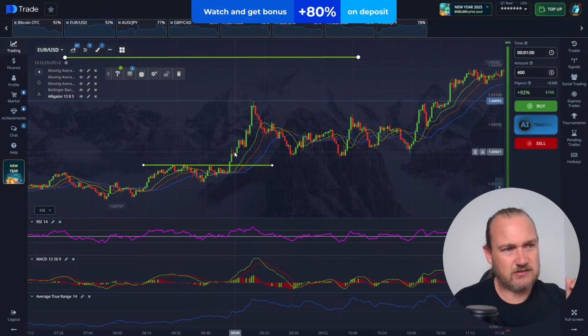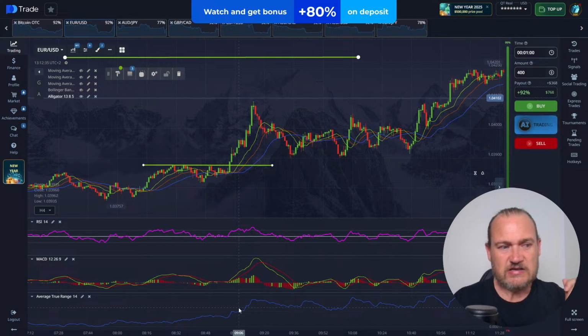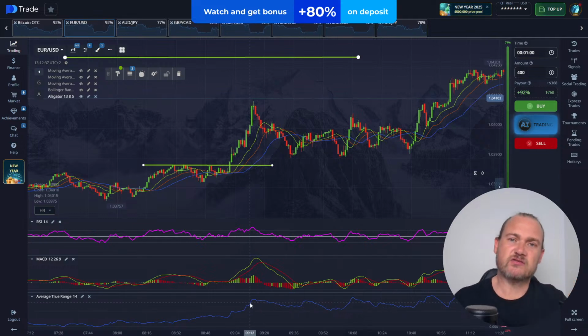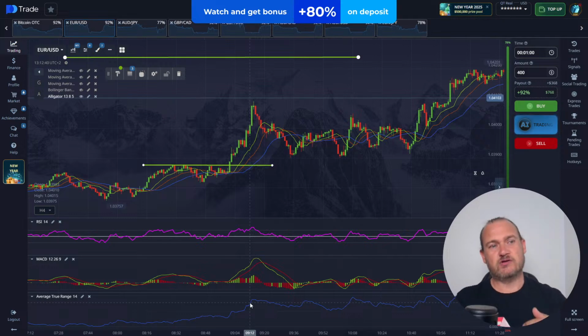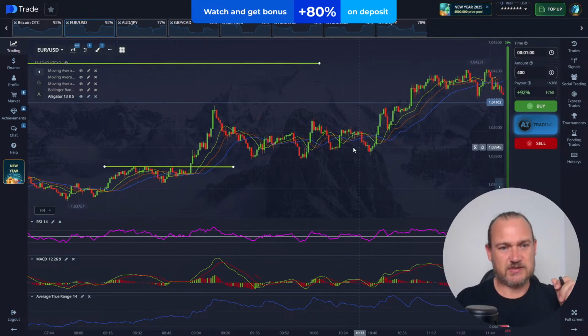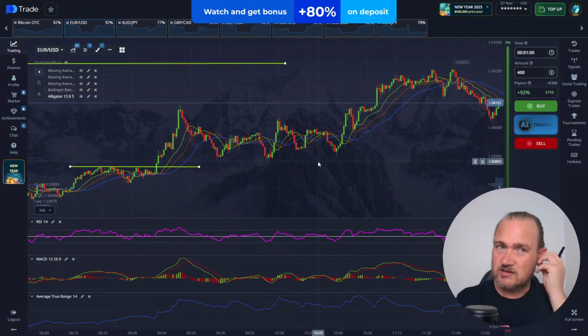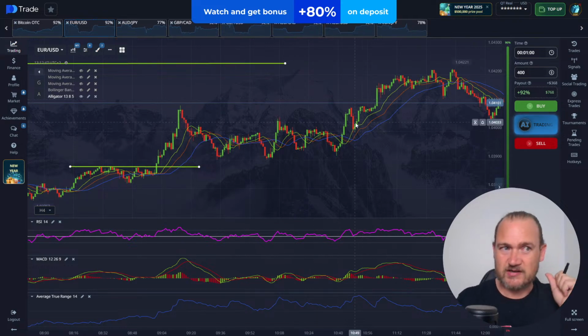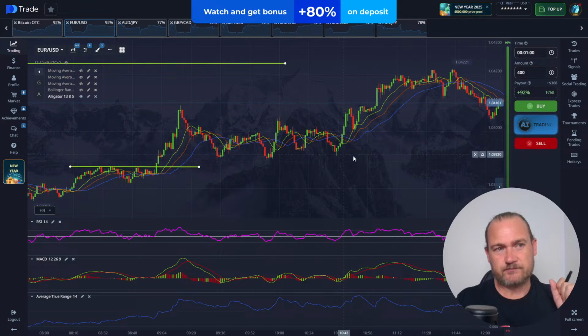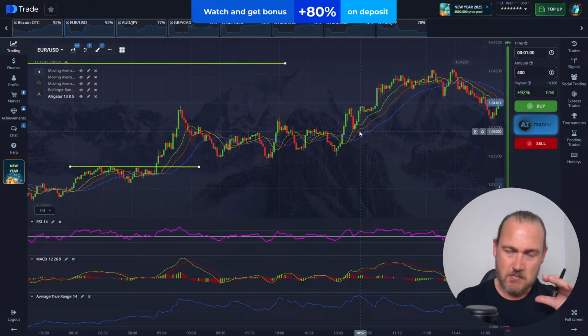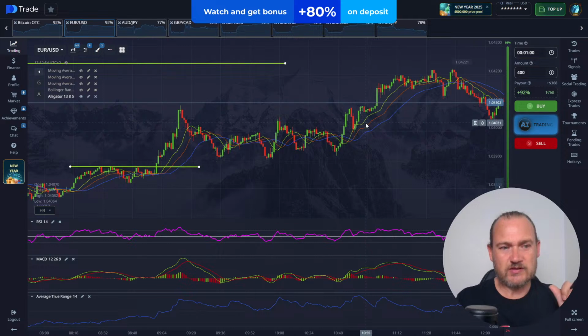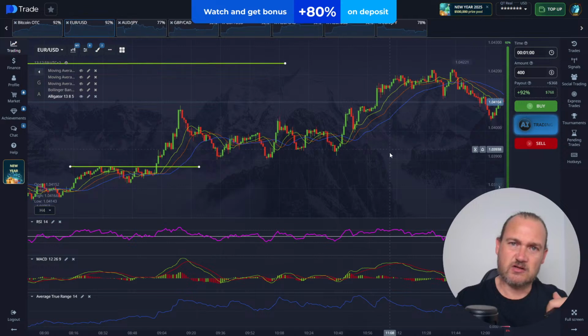so when we had the breakout here, when the alligator started really opening up, we can see that the average true range started climbing. When this happens, we can go in the direction of the break. So we want to look for areas where price is ranging, and then the breakout will be once we identify that the alligator's mouth is opening up, and our average true range starts climbing, we can go in the direction of the trend.